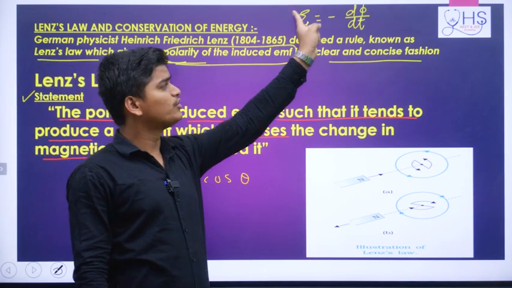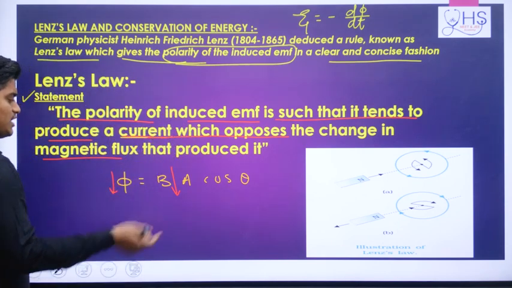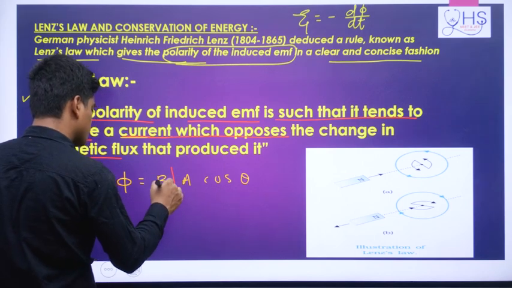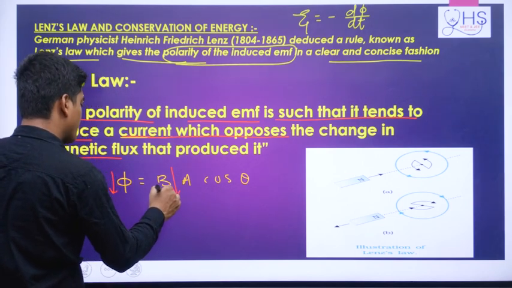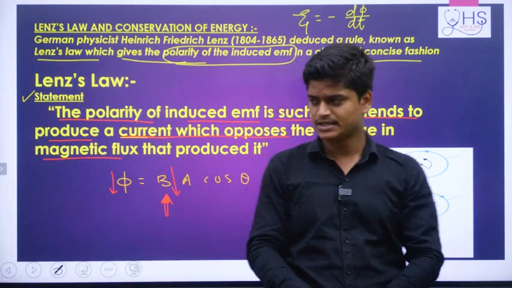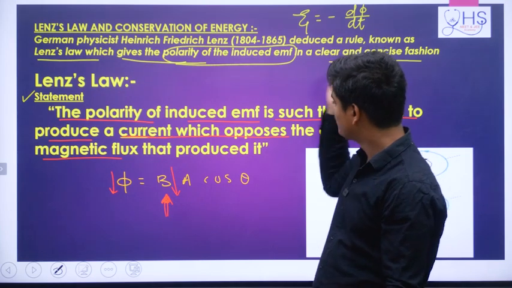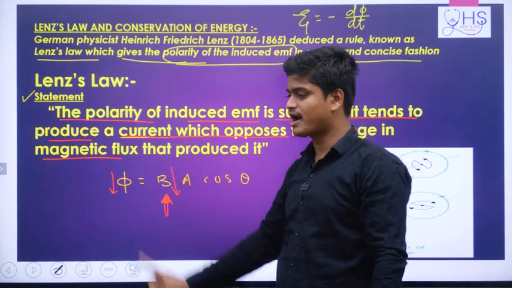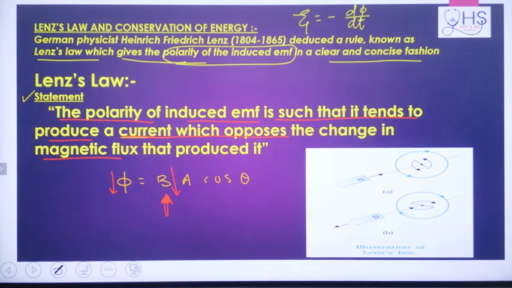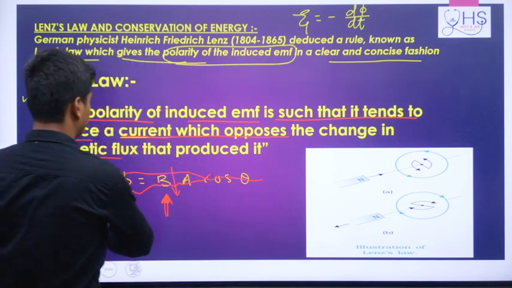If there is a change in flux, induced EMF will be produced, which means current will be there. That current will be produced in such a way that it tries to increase the flux, or increase the magnetic field, because that is the cause actually. The magnetic field decreases, that's why flux decreases. So the current will be produced in such a way that it tries to increase the magnetic field in that region. This is what Lenz's law is saying. Now we will try to understand better with examples and MCQs.